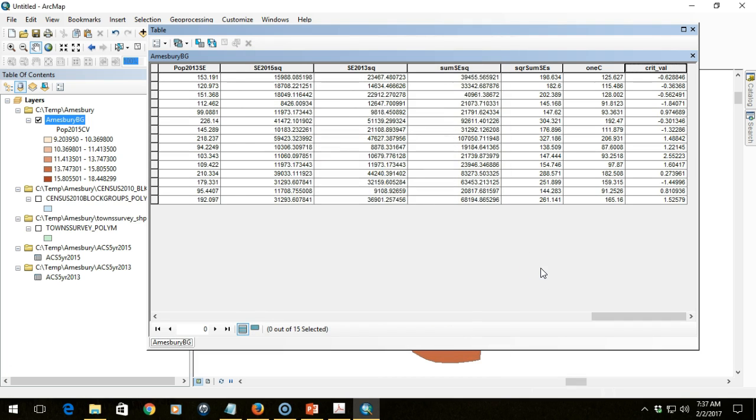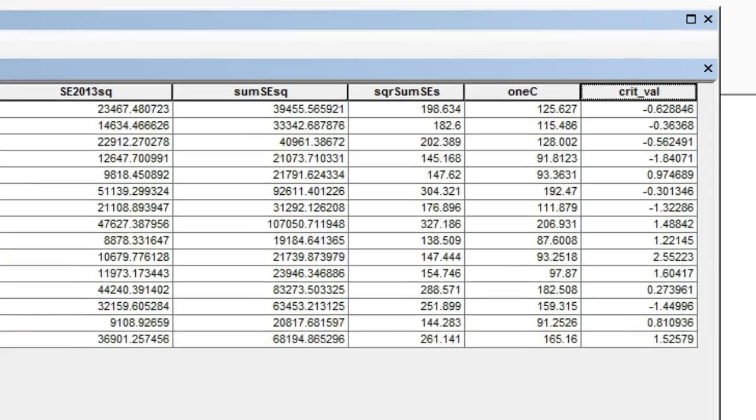And what we have now are our critical values of interest. So this is what we were trying to get to.